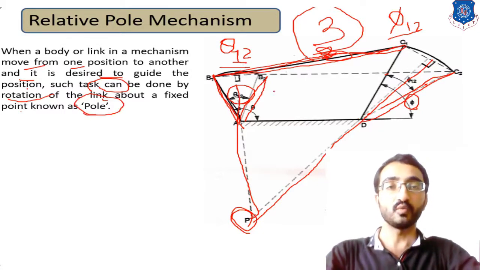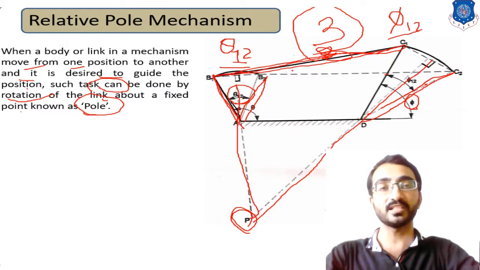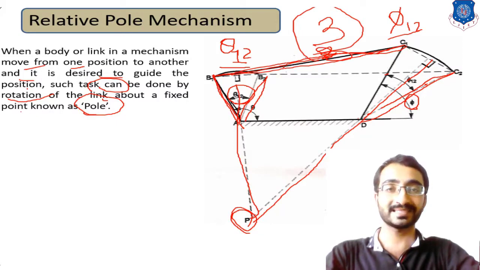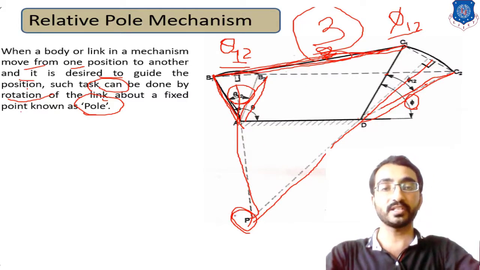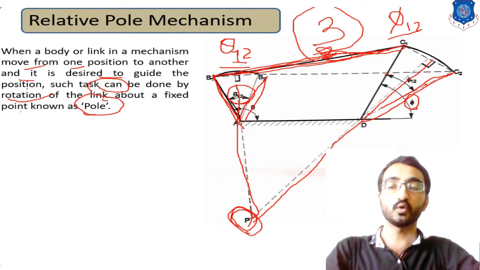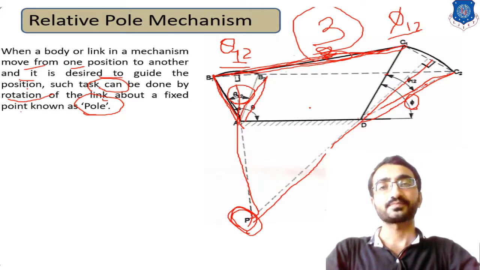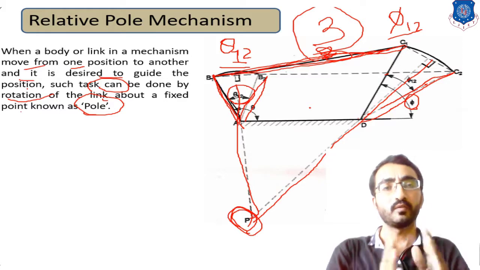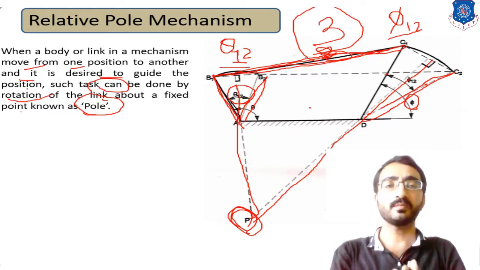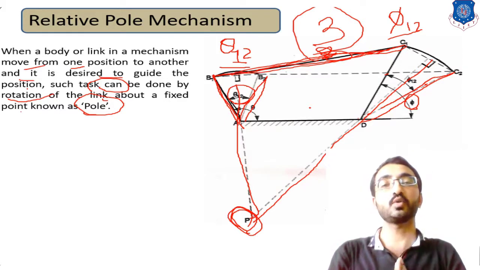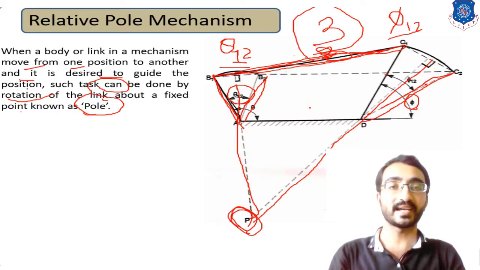So over here we can identify how we can guide this motion: we can simply consider that it is pure rotation, and to identify the center of this pure rotation, we consider this one as the pole point. Okay, so in this way we can design various 4-bar mechanisms, or with the same route we can also design a single slider mechanism.